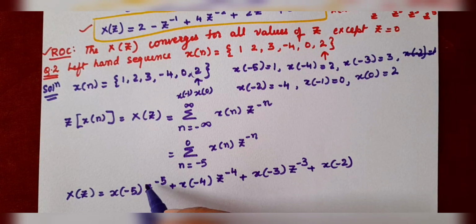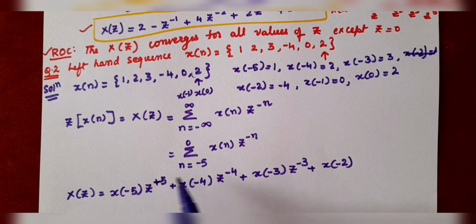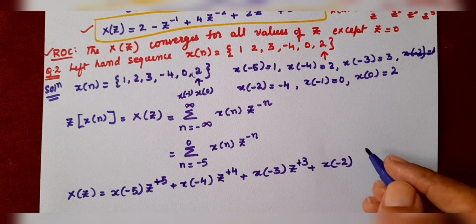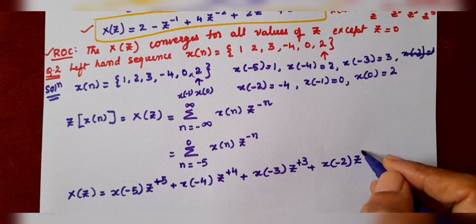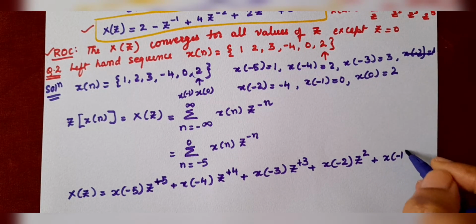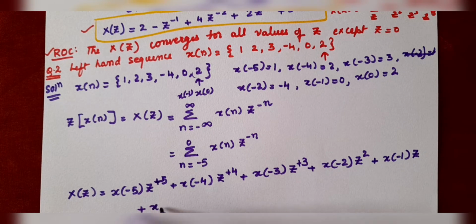Now what will happen? You are substituting n is equal to minus 5, so it should become plus x of minus 2 z to the power of 2 plus x of minus 1 z plus x of 0 z to the power of 0.